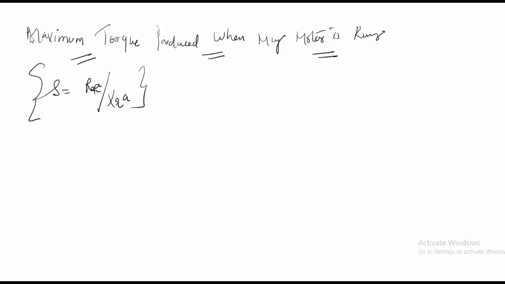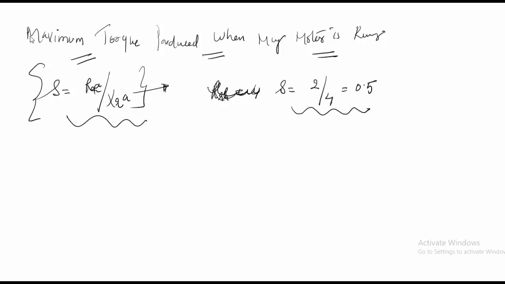So if you are designing your rotor in such a way, or adding external resistance in such a way, that R2 by X2 is equal to 4 in this case, you are making your motor run at a slip equal to 2 by 4, which is equal to 0.5. So when my slip is equal to this value, then my maximum running torque will be produced.